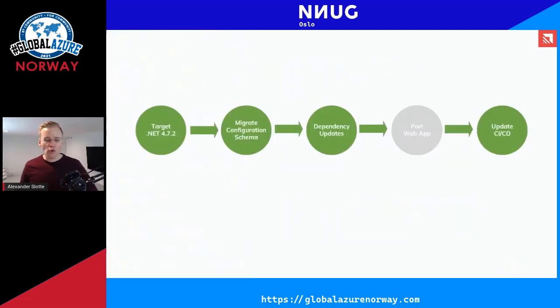But once you get over this hurdle, you're very close to getting done here, right? You've done your upgrade of targeting for 4.7.2. You got your configuration schema done. You got your updates to your dependencies. So basically, you're in a state right now where all of your lower level projects, like your database project, your domain project, all those things are running on, or at least compiling normally against, .NET Core 3.1 and .NET 4.7.2.